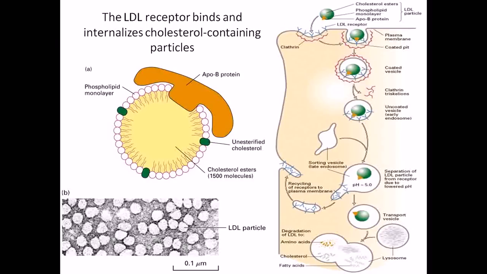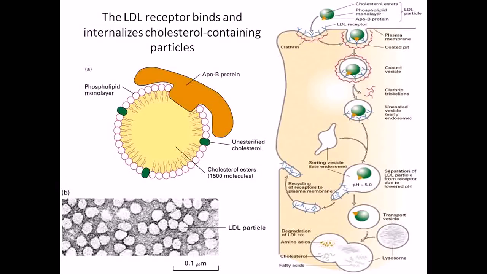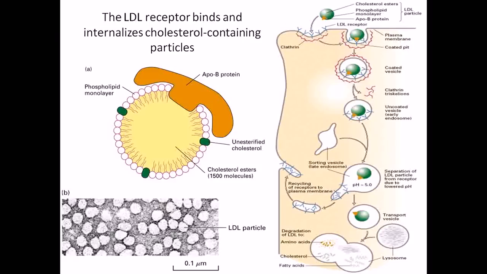That's called the early endosome. Once the early endosome is there, it will fuse with late endosomes, or sometimes with lysosomes. The early endosome will fuse with the late endosome, and the pH of this environment changes. You can see the pH of 5 or less than 5. It's slightly acidic.